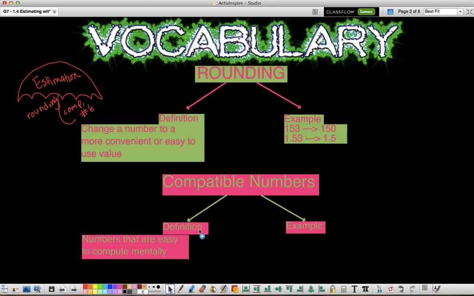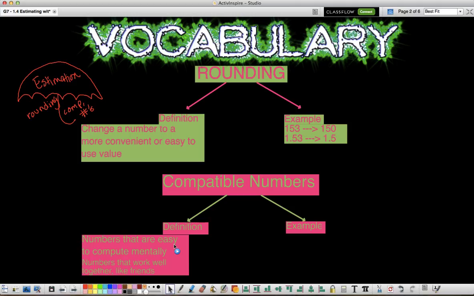All right, compatible numbers. Compatible numbers are numbers that are easy to compute mentally. So you're not necessarily rounding, you're using your multiplication facts to put numbers together that are easily computed mentally. Okay, so numbers that work well together, like friends. When you talk about being compatible with somebody, you work well with that person. So think about numbers that work well together when you're dividing.